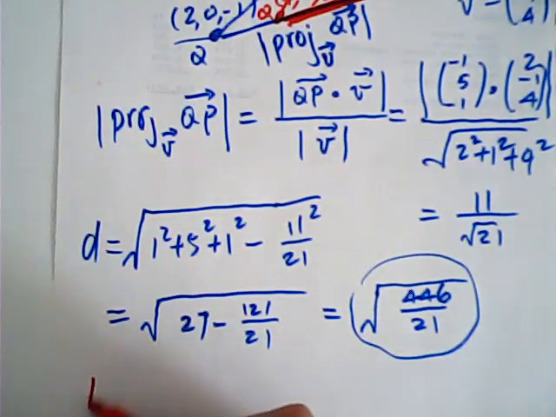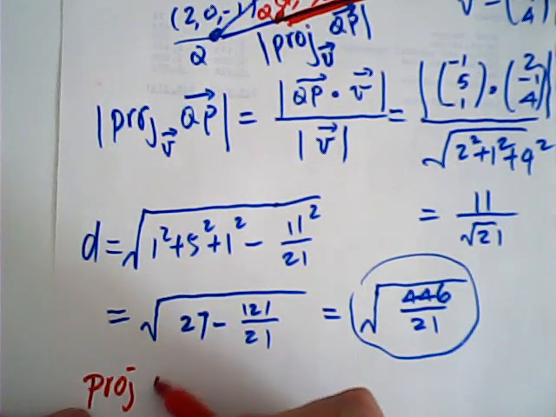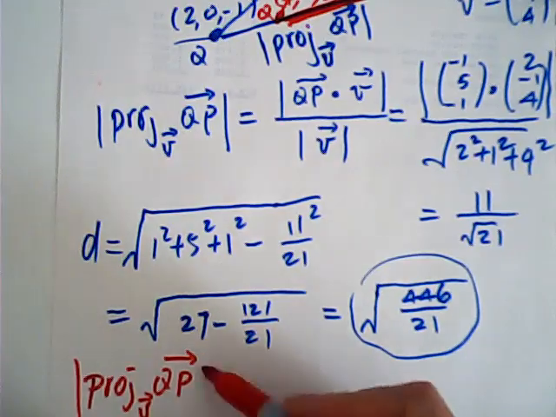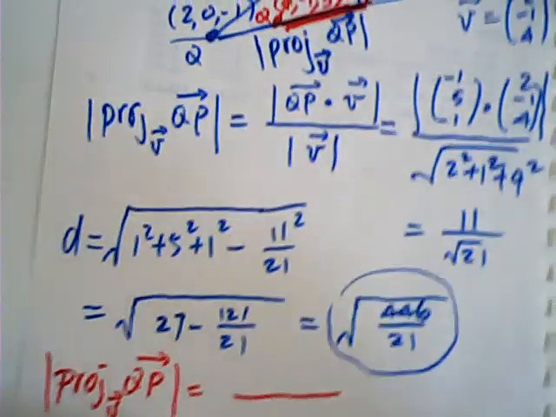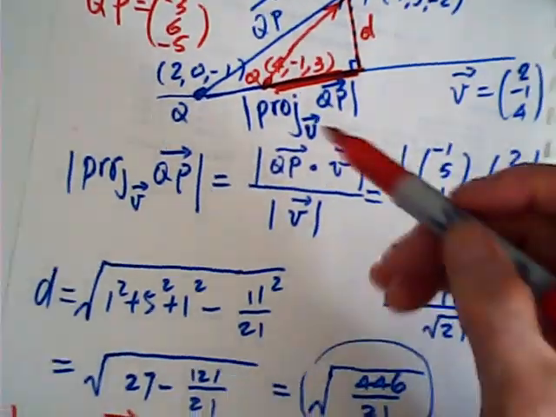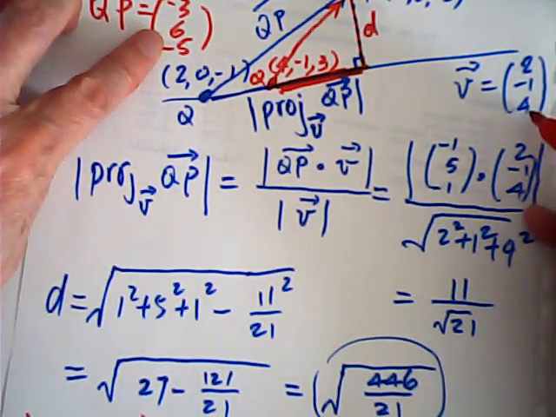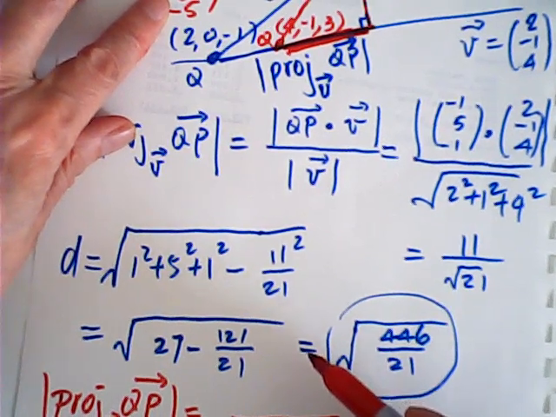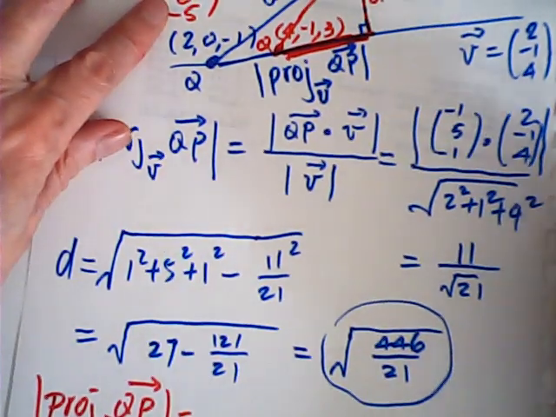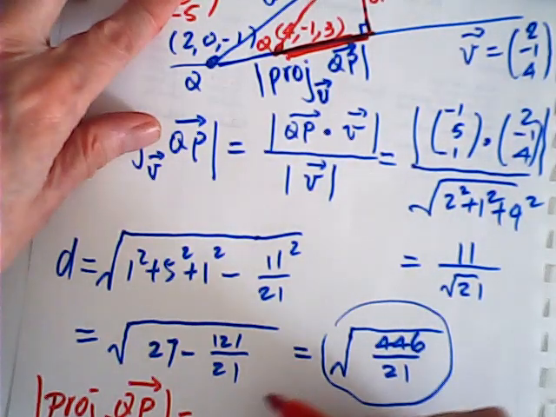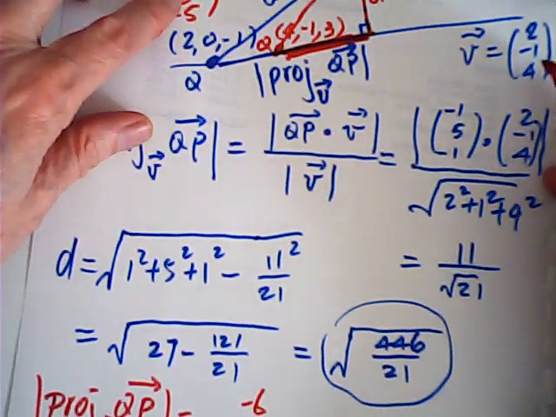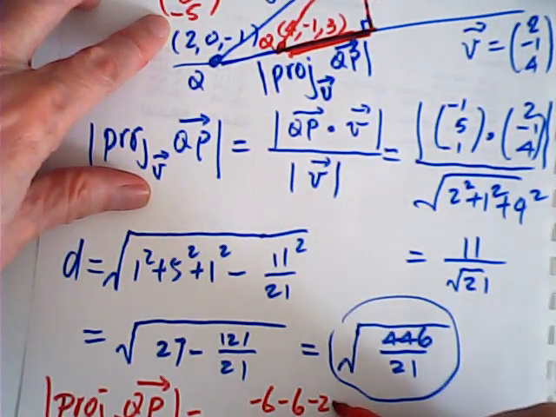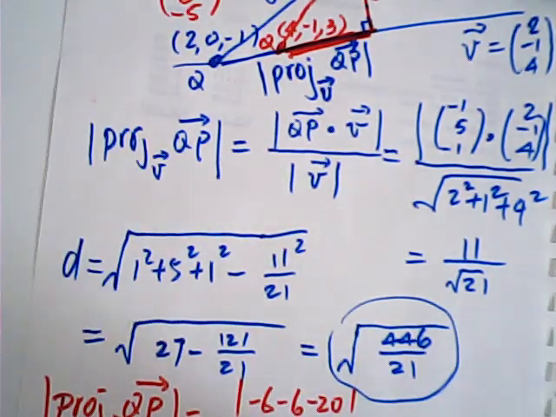Okay, the projection of QP onto V will be equal to this one dot one, right? This one dot one is minus 3 is minus 6. 6 minus 6 minus 20 absolute value.